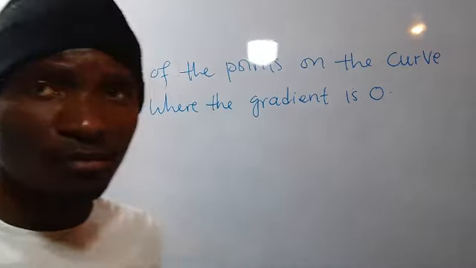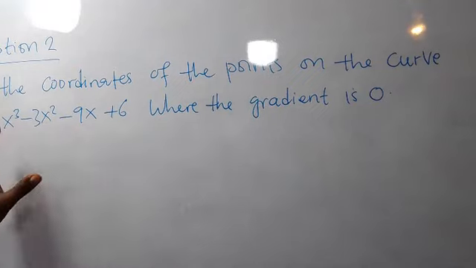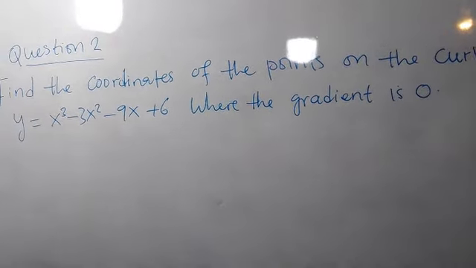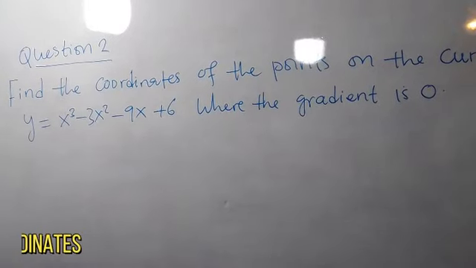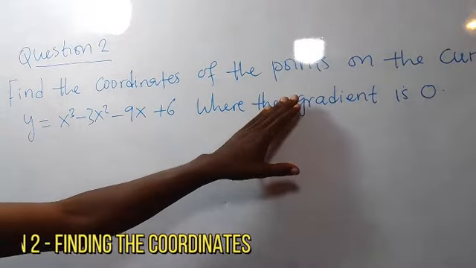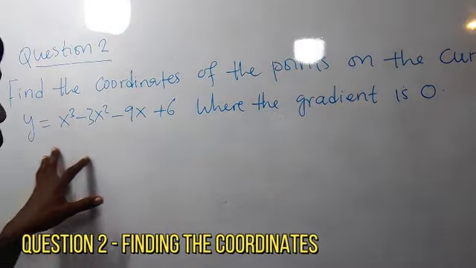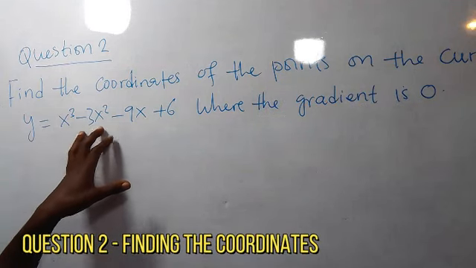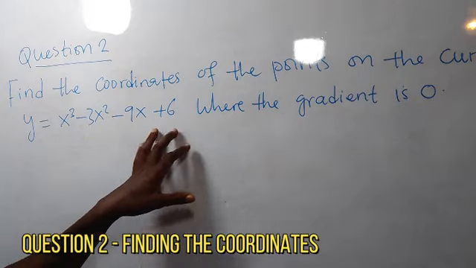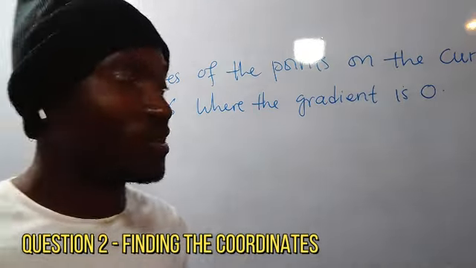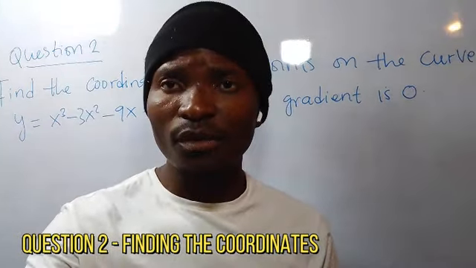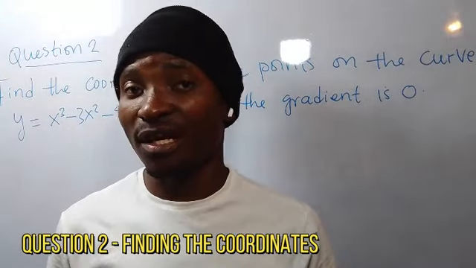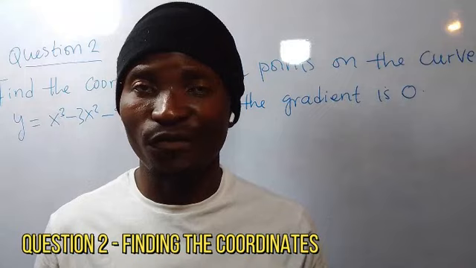Okay. So now in this question, you're able to see that we have a question that says find the coordinates of the point on the curve y equals to x to the power 3 minus 3x squared minus 9x plus 6, where the gradient is 0. Okay, so the first thing that we're supposed to do is to understand what it is that you're looking for.